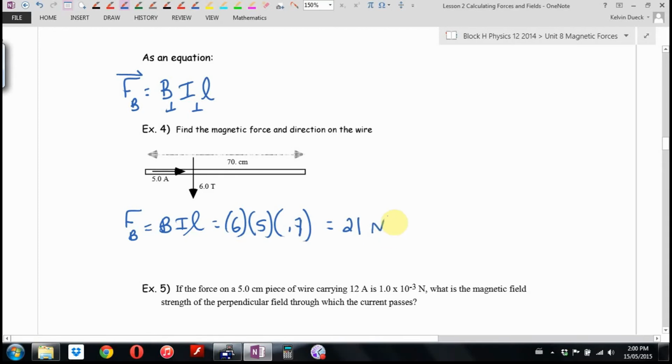Now, direction. What direction is the current? Point your right thumbs, and this time I'm keeping my hands tucked so you can't copy me. Point your right thumbs in the direction of the current. Look at the picture. Extend your fingers in the direction of the magnetic field. So for me, I have to go like this. Is it into the page, I think? Yes?